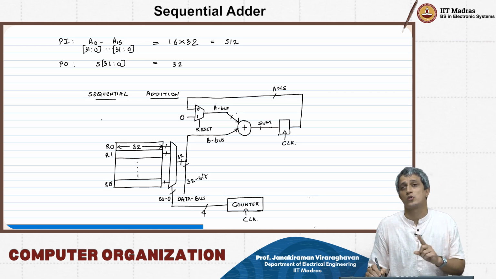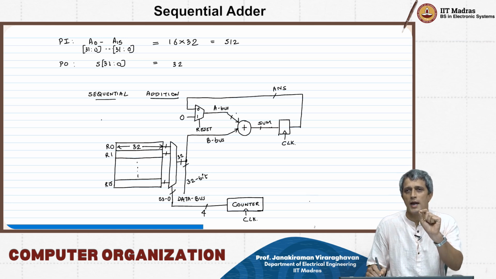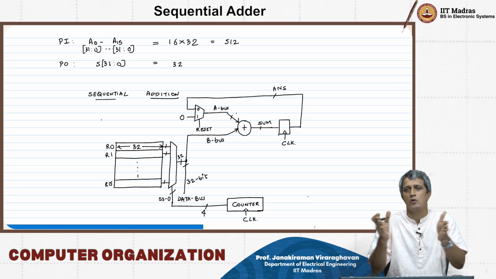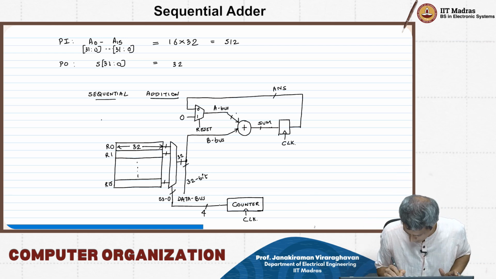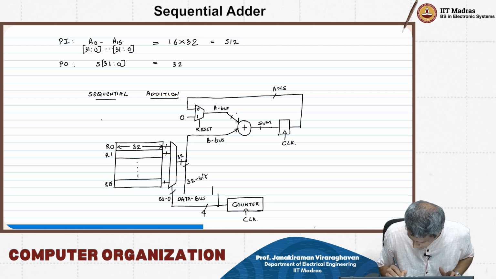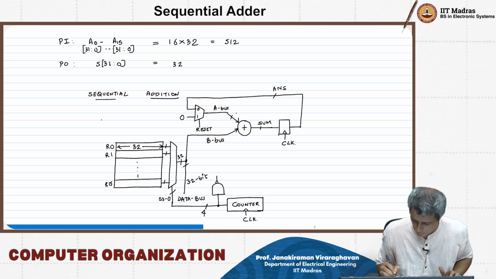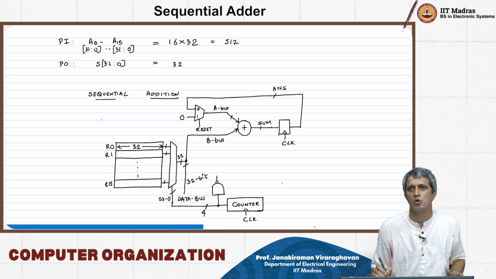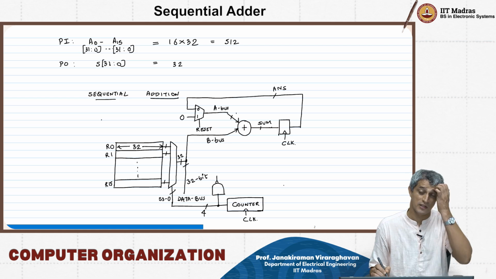That also has to come from the counter, because all we need to do is look at whether the count is equal to all zeros. If it is all zeros, then generate this reset signal. So I will take this counter output and pass it through a NAND gate, right? All zeros. Is it a NAND gate or no?